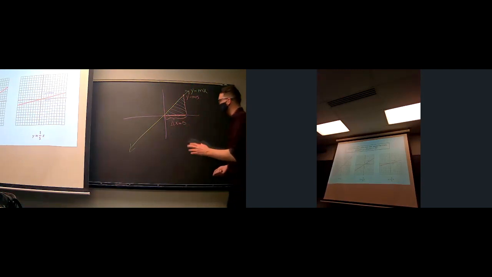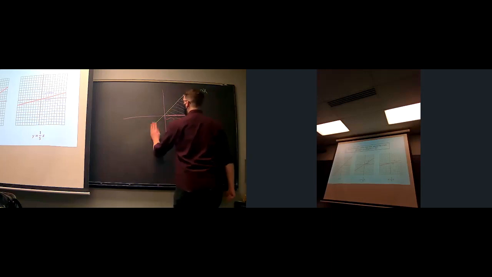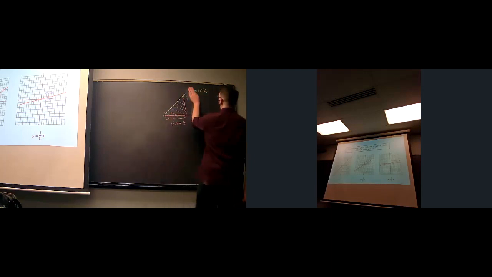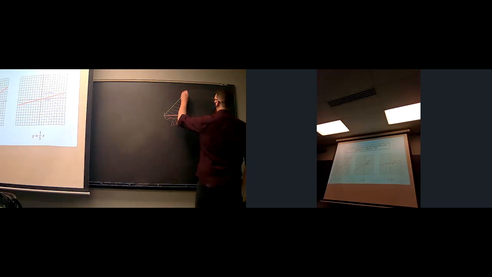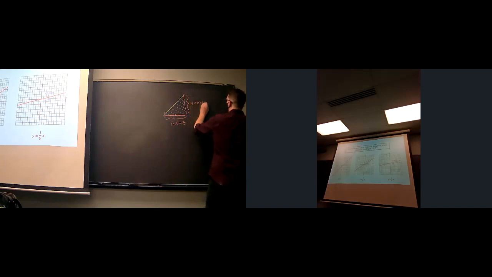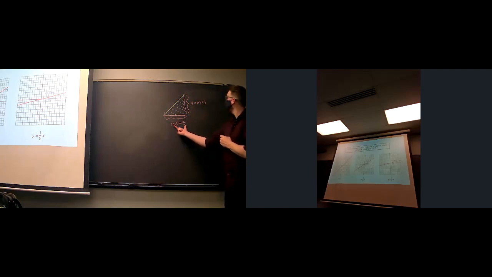So if we get rid of all the extra stuff, get rid of the graph, what we've got is a triangle that its base, one leg, is a length of 5, and the other leg is a length of whatever the slope is times 5, right?